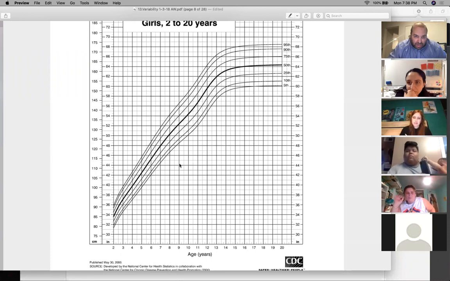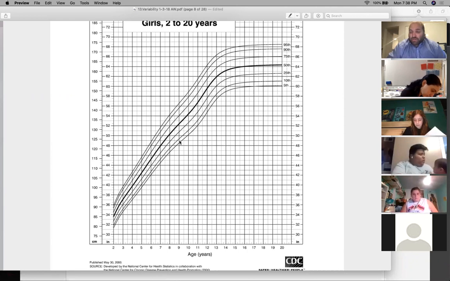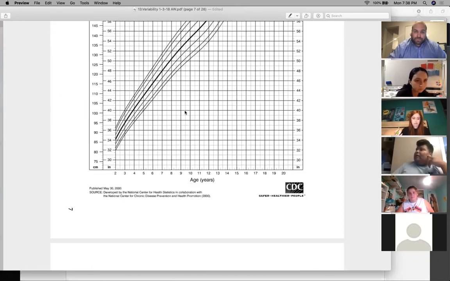So if I go to 9 and 49, which is right there, we see that she is between the 5th and 10th percentile. So that is a rather short girl in the grand scheme of things. At her age, she's only taller than 10% of the other 9-year-old girls. Okay, so she's on the shorter side.